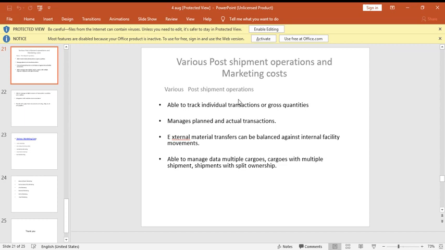So the various post shipment operations are: able to track identified transactions or gross quantities, manages planned and actual transactions, external material transfers can be balanced against internal facility movements, able to manage data, multiple cargoes with multiple shipments with split ownership.